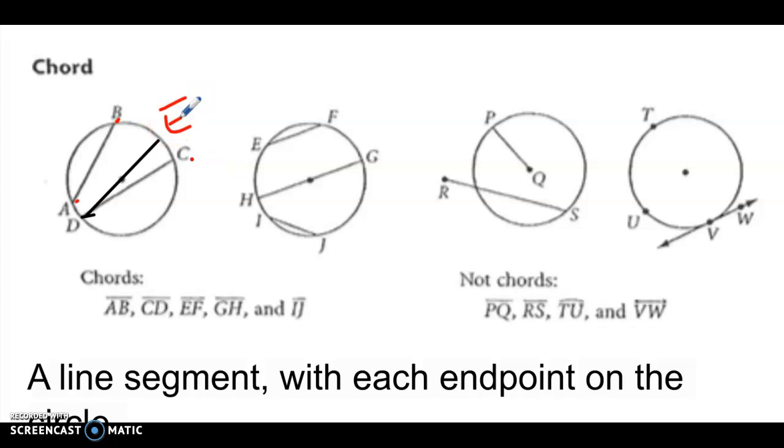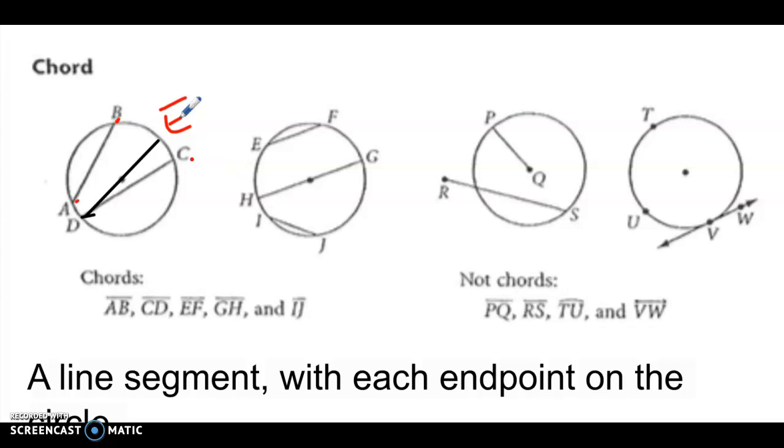DE has two names. As we just mentioned, since it passes through the center, it is a diameter, and it's also called a chord. DE is a chord, and it's a diameter as well.